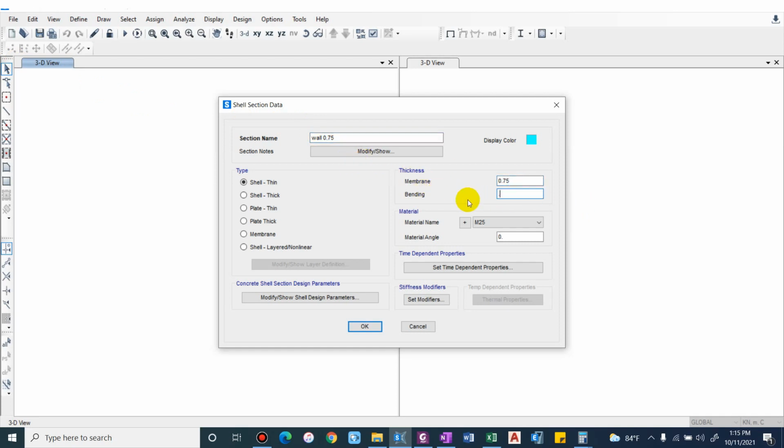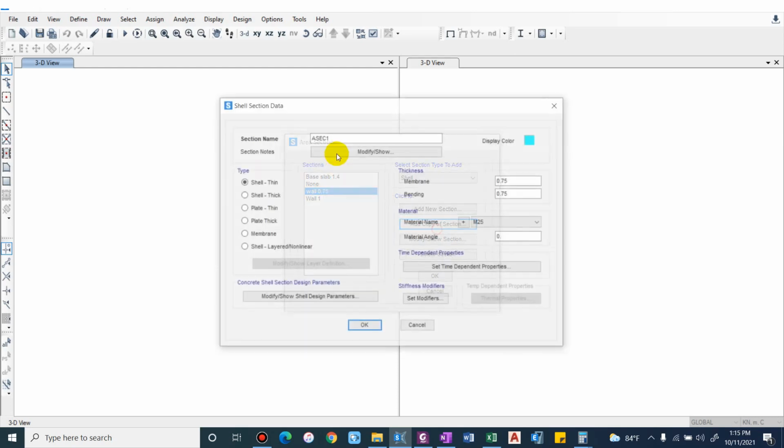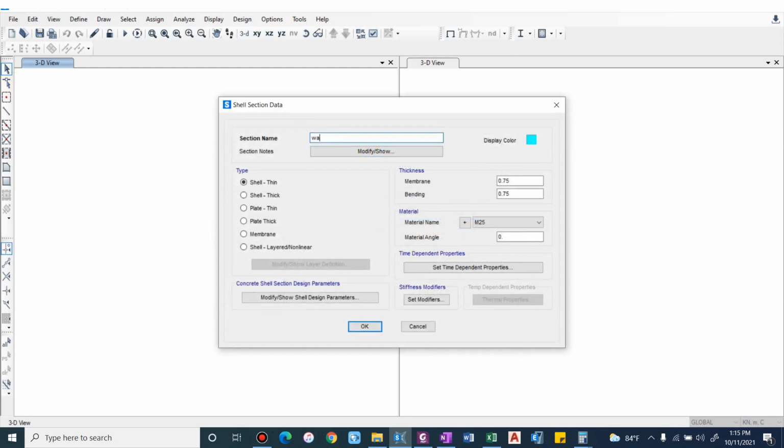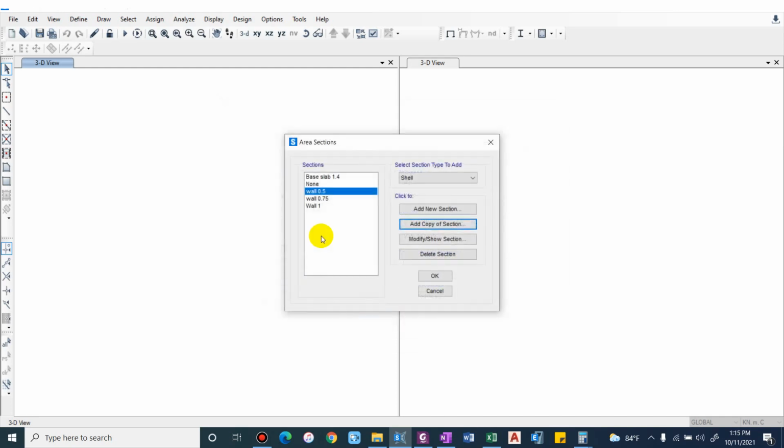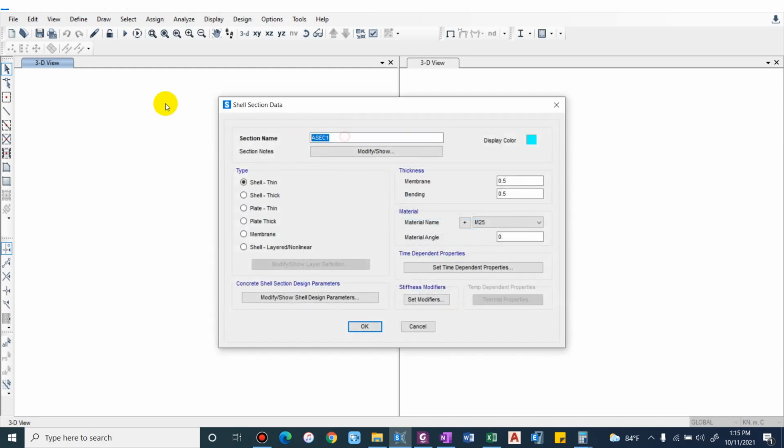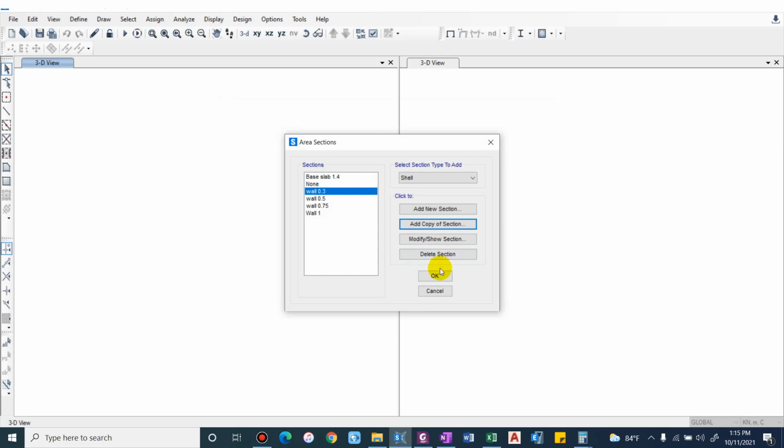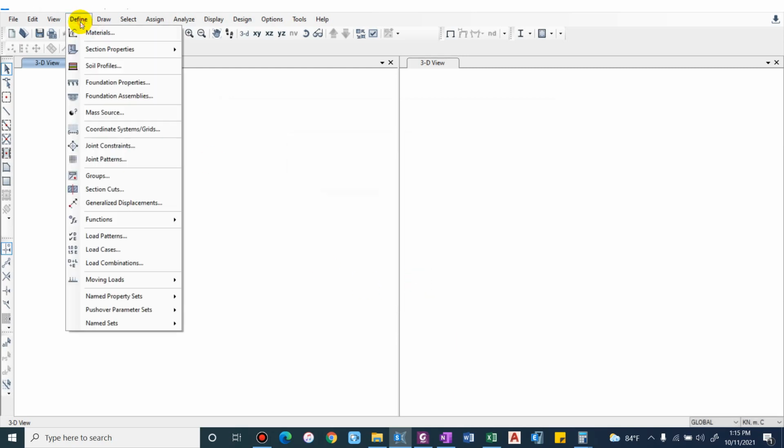Add copy of section, wall 0.5. Add copy of section, wall 0.3. Okay, so we have defined area sections as well.